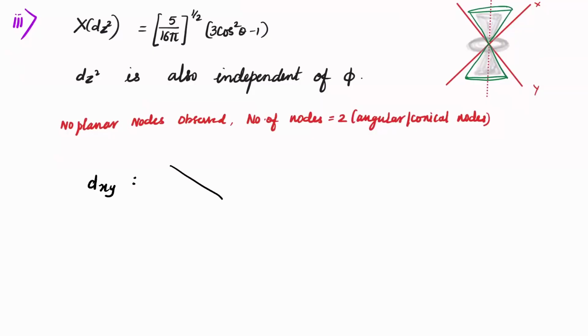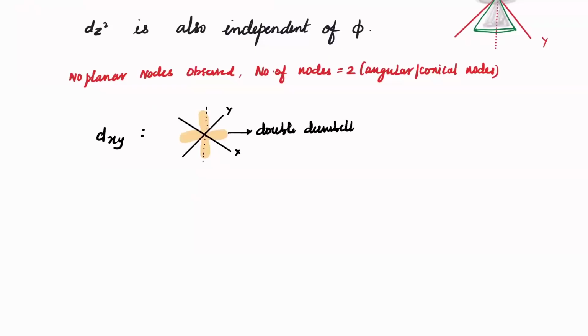Now, when it comes to dxy, if this is the x, y, and z axes, then the orbital will be in between the x and y axes like this. So it will look like a double dumbbell, but it will be between the axes. So you can notice that it is between the axes.